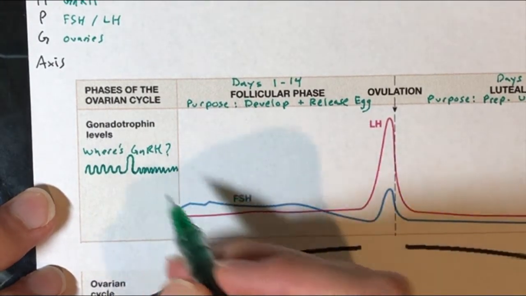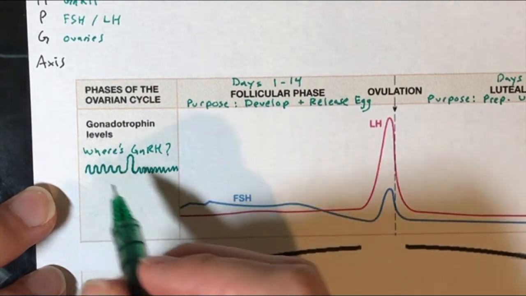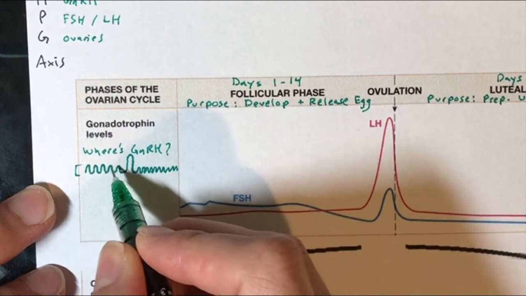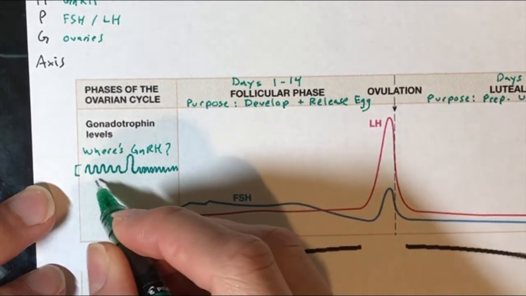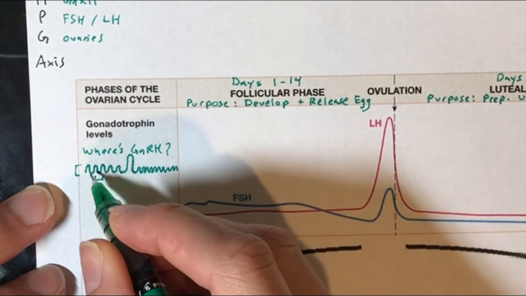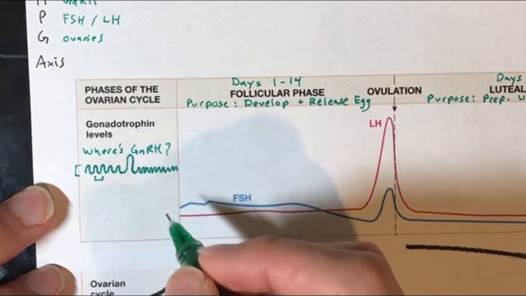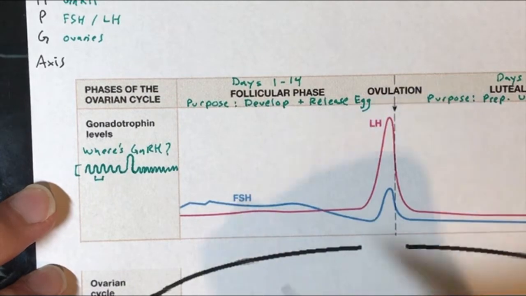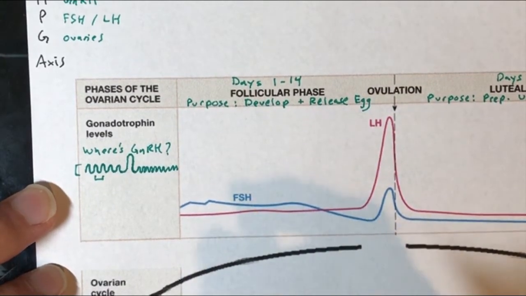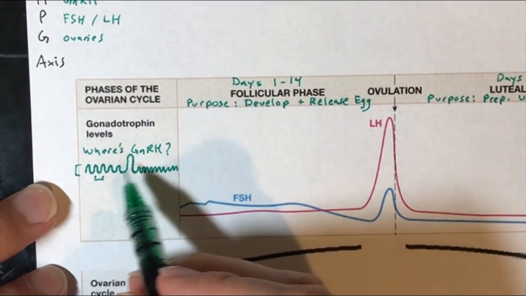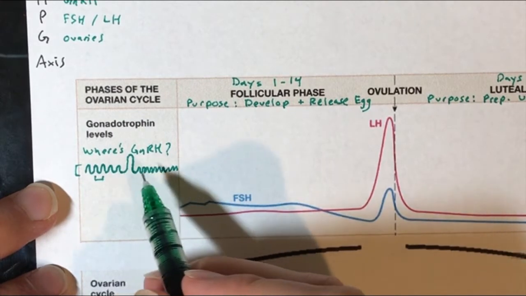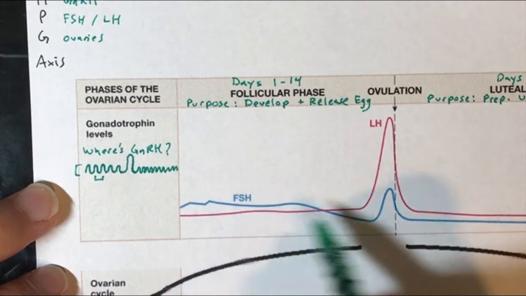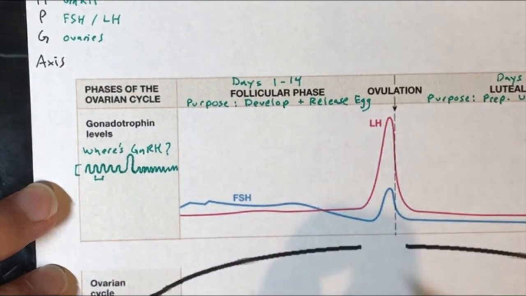The GnRH concentrations are very complicated and have to do with the amplitude, how much is being released, as well as the frequency, how fast those pulses are, to determine how it stimulates FSH and how it stimulates LH. So because it's really complicated, I'm not going to test you on what exactly the concentration of GnRH is in this graph, and that's why we're omitting it.